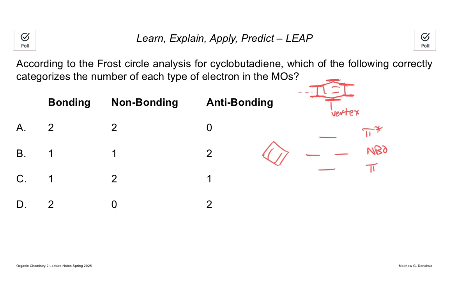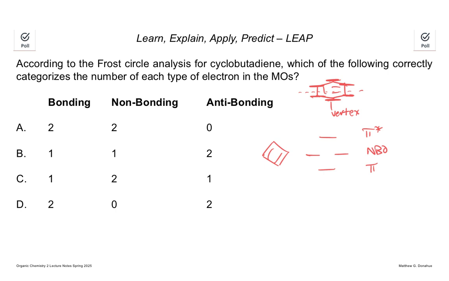And dissecting that in half, you'll see the line runs through a bond. It's not running into one of those vertices.